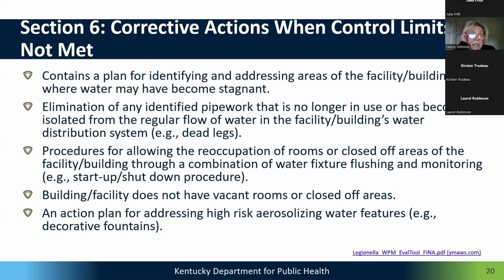We see things where they've had dialysis within rooms, and that's not a daily thing. So what are you going to do when it gets isolated or pulled off? What about occupying rooms that have been closed off, wings that have been cut off? What are you going to do with flushing and monitoring? How do you know that your flushing has been effective in that area?